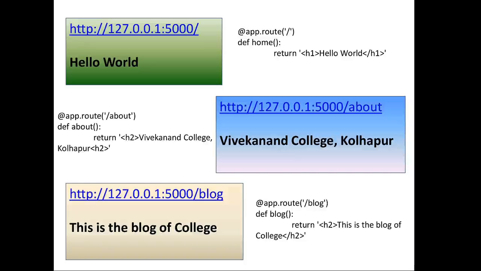Okay, so this is the output for this web application. So now we will see how to write this web application and how to execute it. Okay, so let us see.